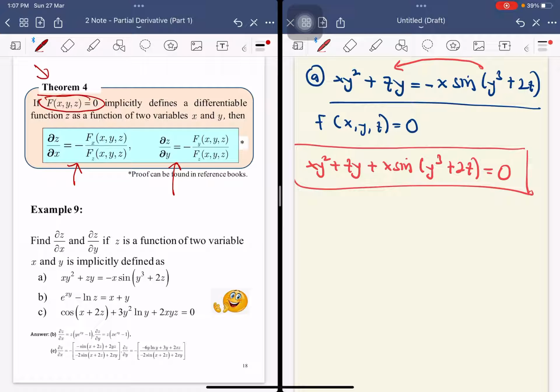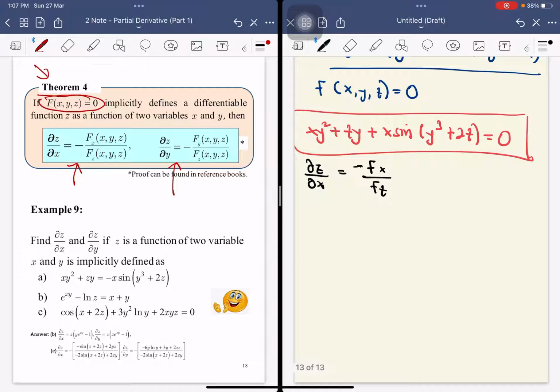If you would like to figure out del z del x, from this formula you need to figure out negative Fx over Fz. So the big F is equal to xy squared plus zy plus x sine y to the power of 3 plus 2z, right?